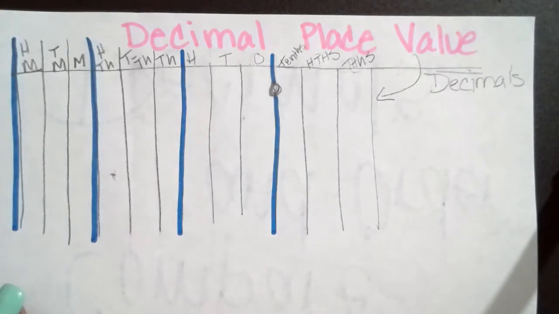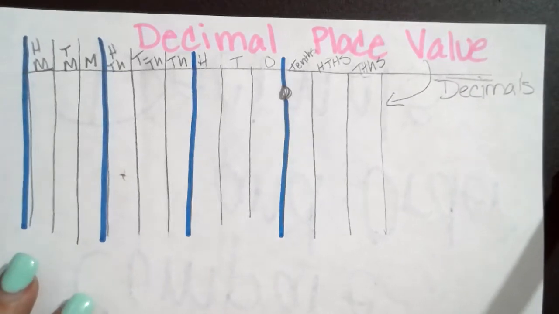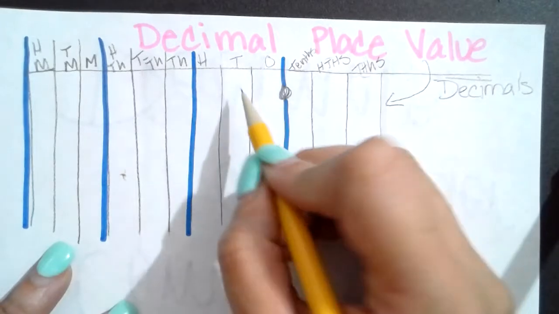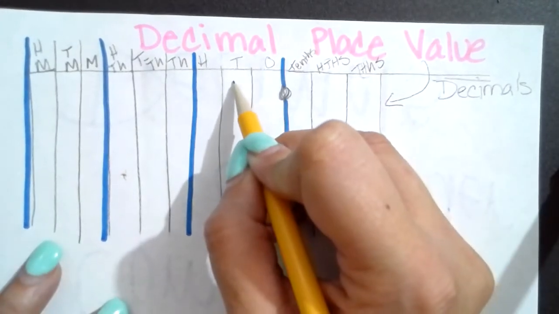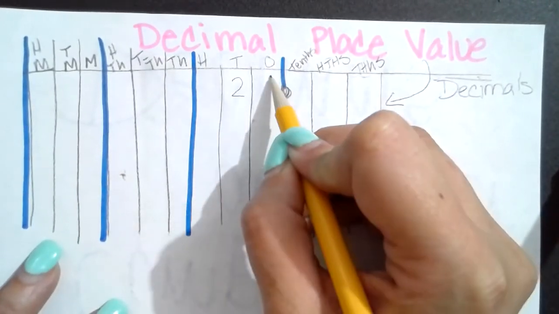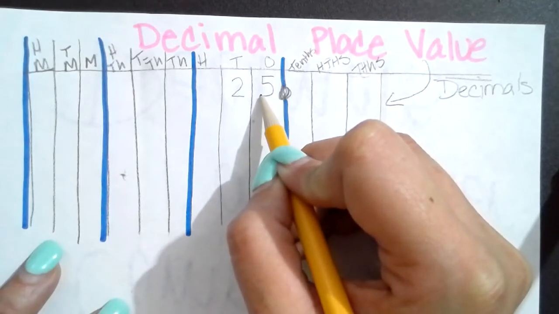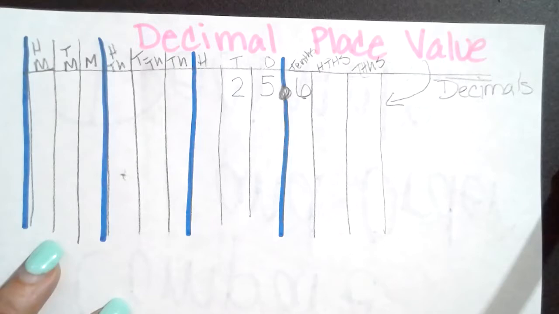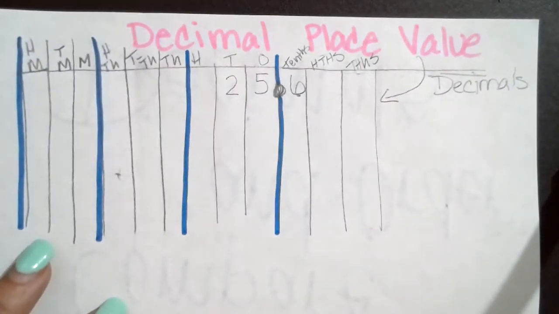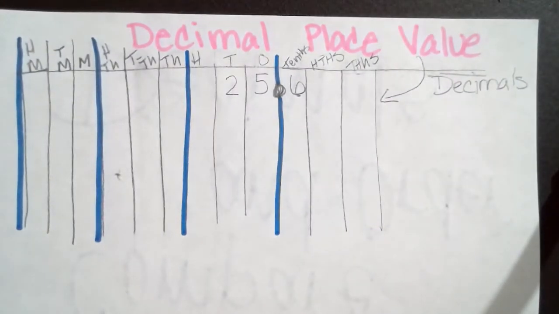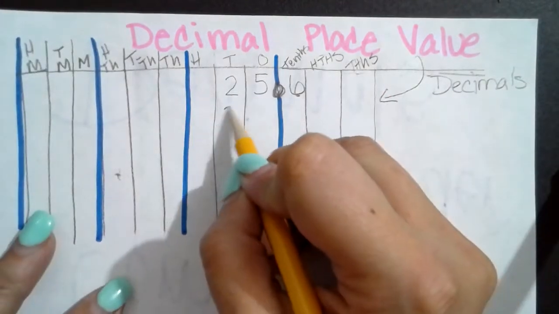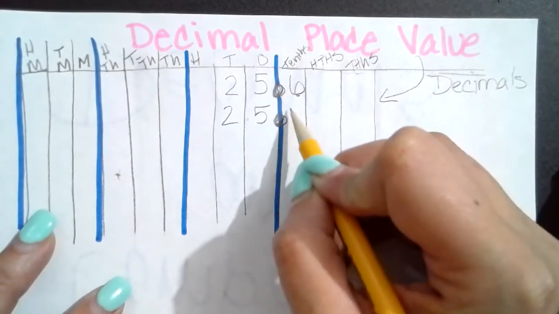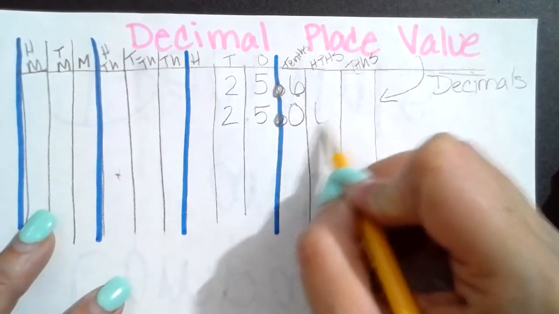Let's take our first number here and let's write $25, right? So if I had $25, I would have 2 tens, 5 ones, and let's say I have $25 and 6 tenths. Okay. Let's say our next one is $25 and 6, there's my decimal, and 6 hundredths.